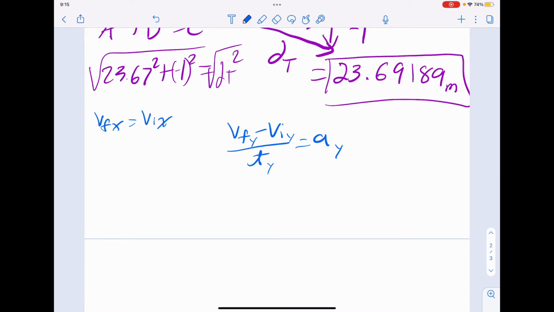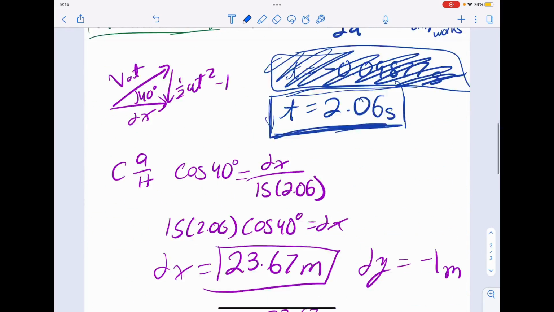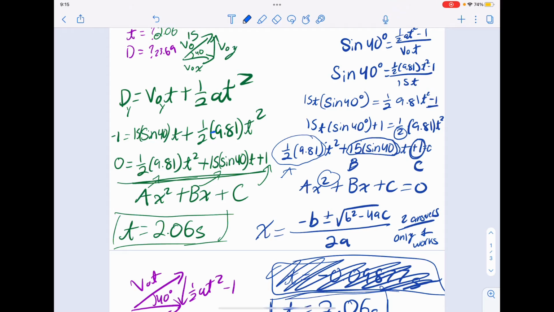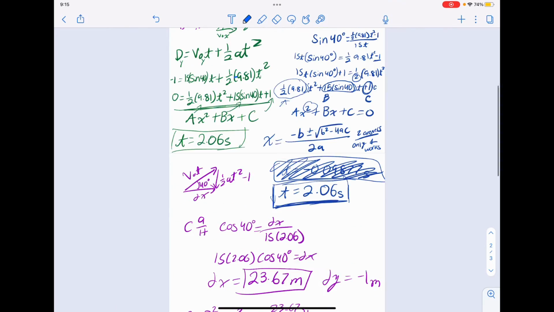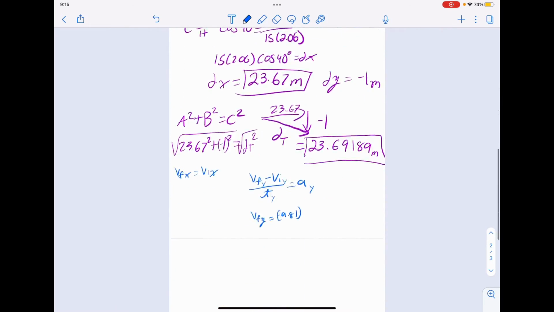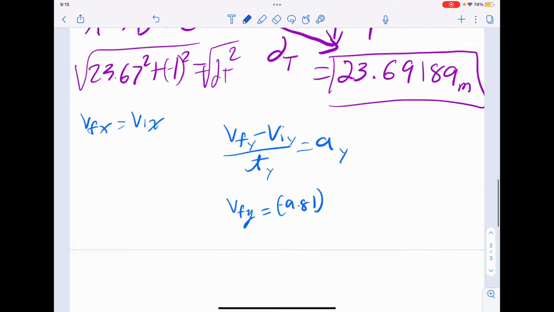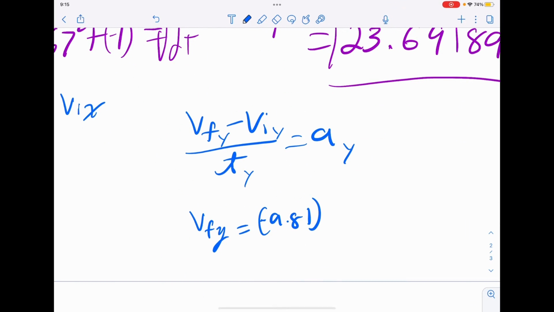So we know that we don't know our V final in the y, but we know that acceleration was 9.81 negative. Oh, by the way, I plugged it into my calculator as a negative, but I didn't plug it in here. That's a negative. Sorry. So negative 9.81, that's acceleration.